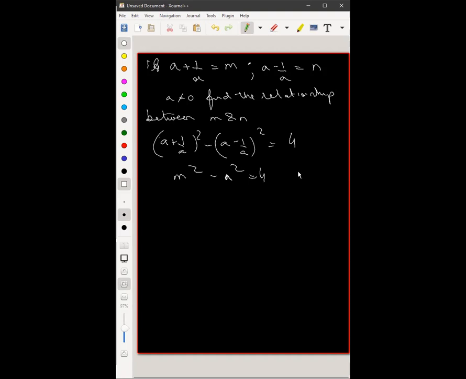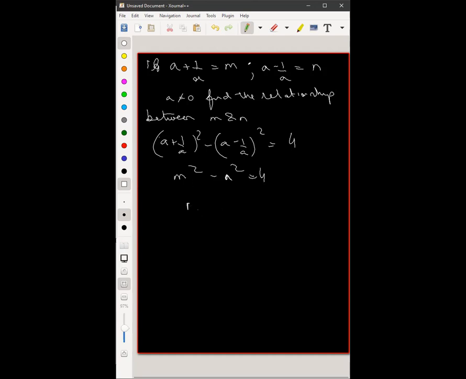And then m minus n square is equal to 4.